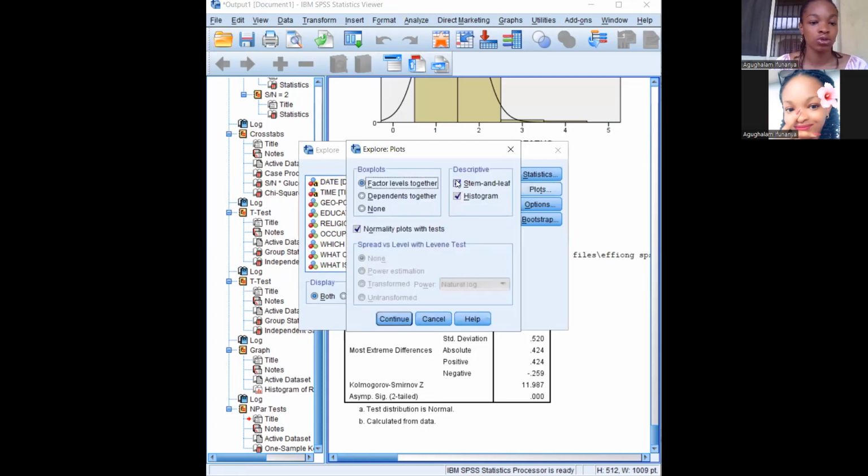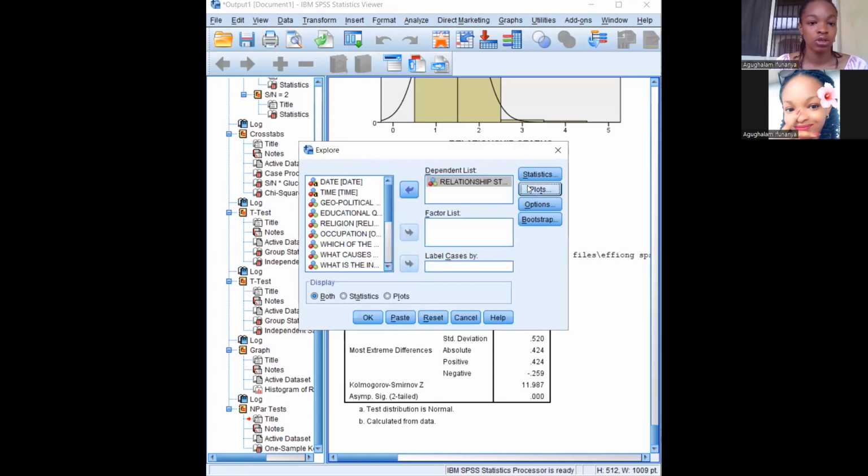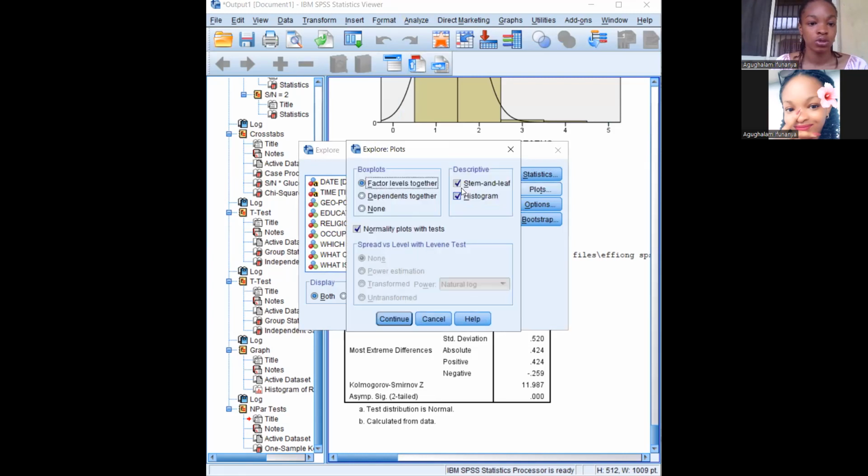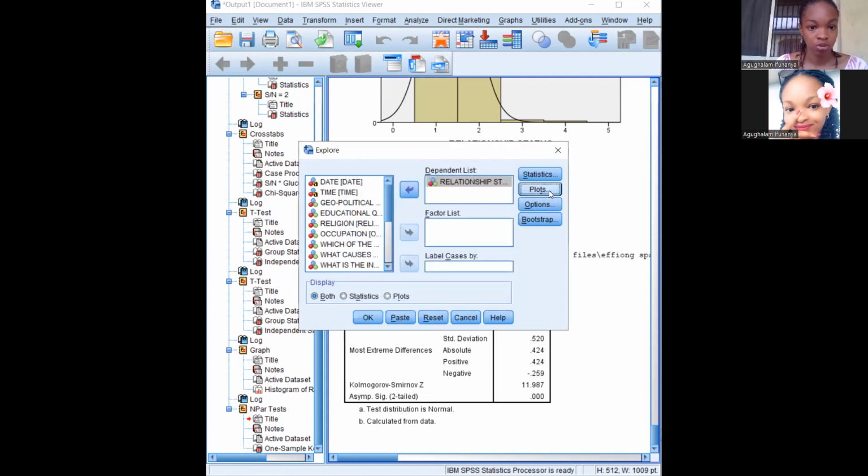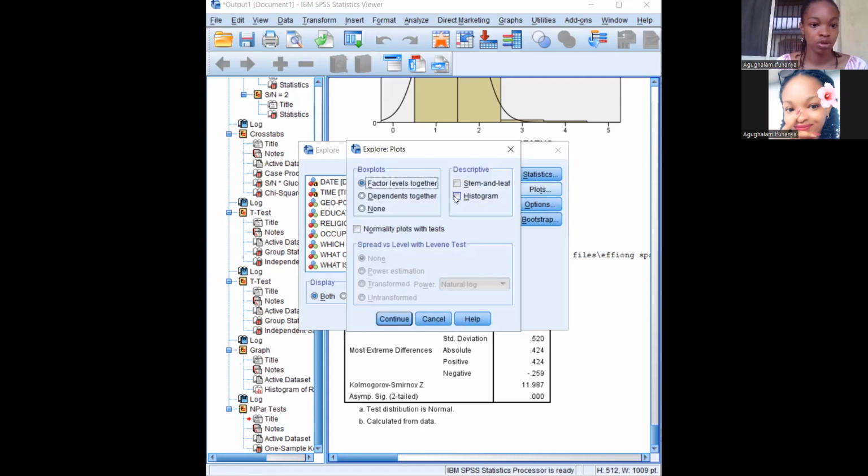Make sure you uncheck stem-and-leaf and click on histogram. If stem-and-leaf is already checked, you uncheck it.